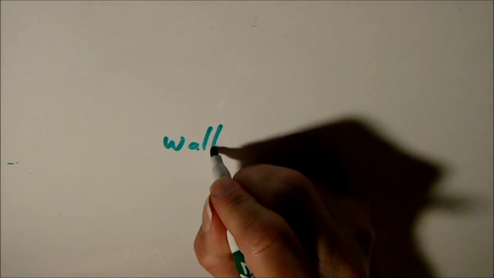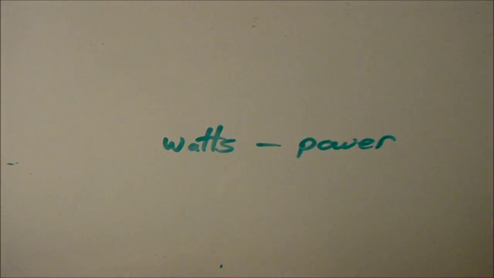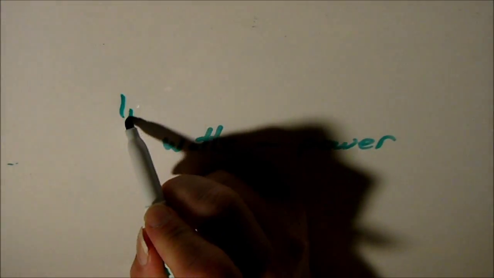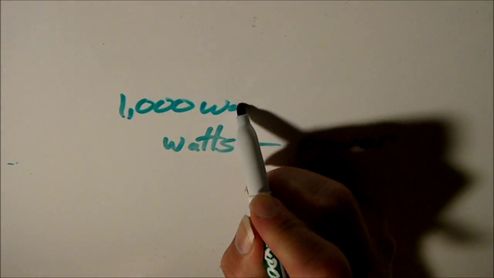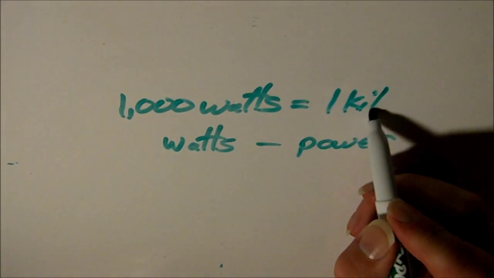One last example, watts. Watts is a unit of power. That is the amount of energy used per time. Again, 1,000 watts is 1 kilowatt.